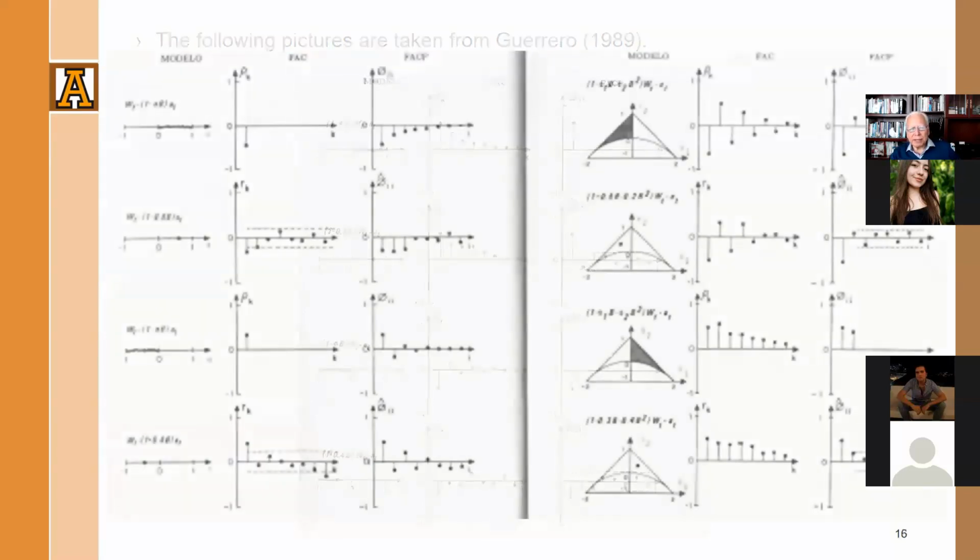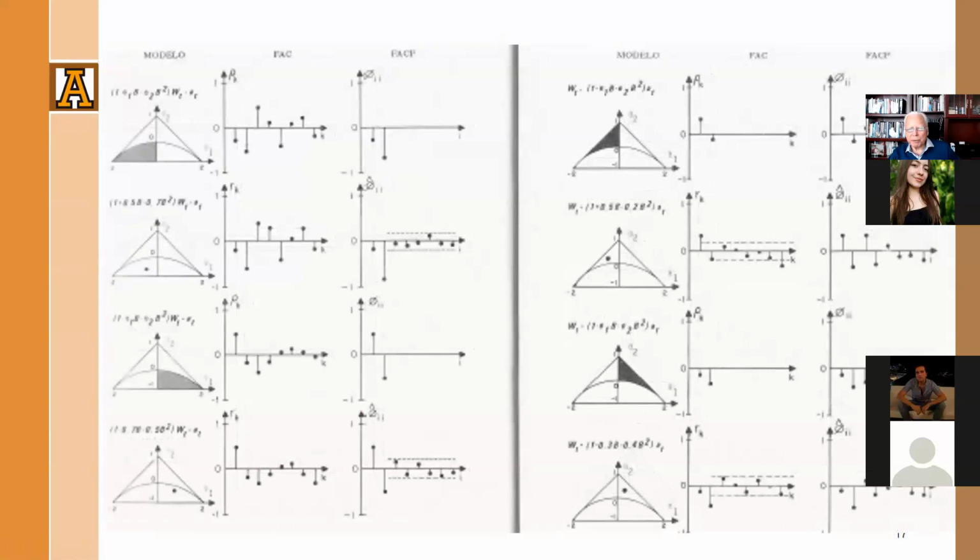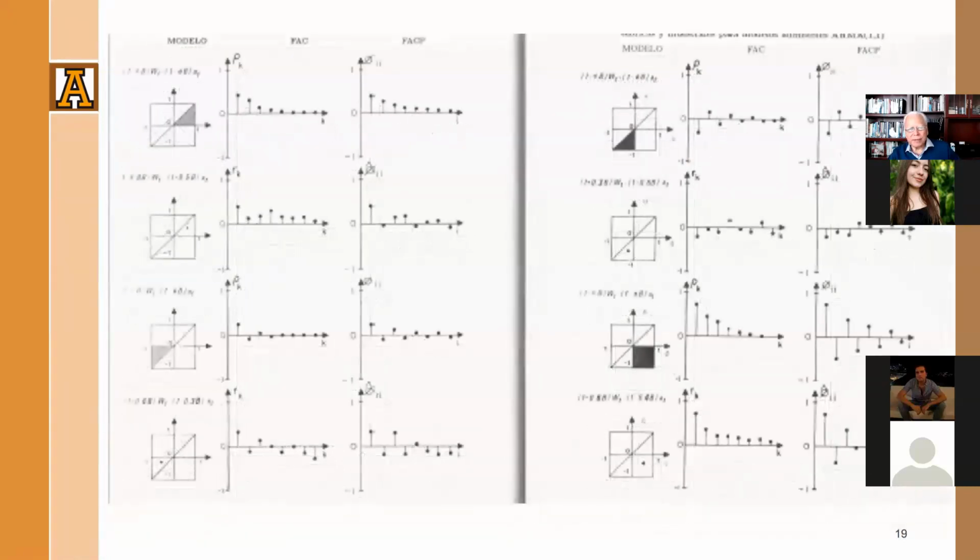So there's several pages here. That's just for your reference. All these models you can generate with that script and have much better pictures of the different types of behaviors. So I'll just leave this for you.